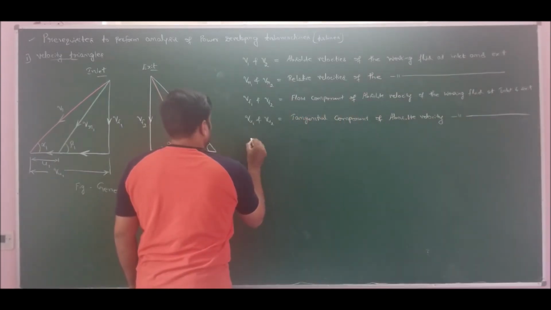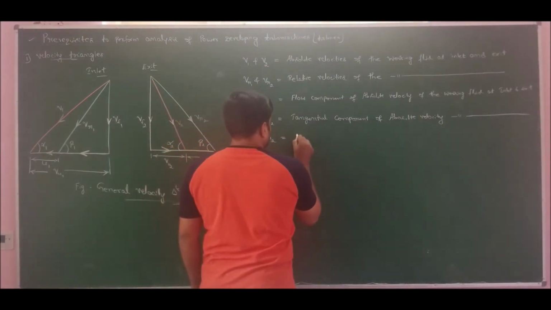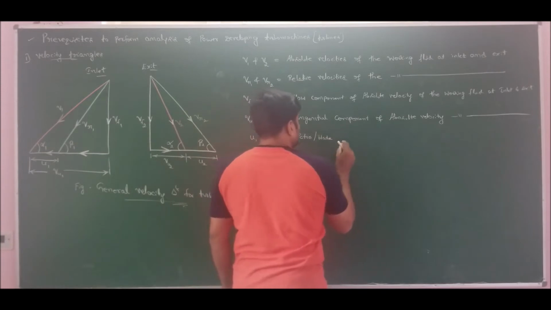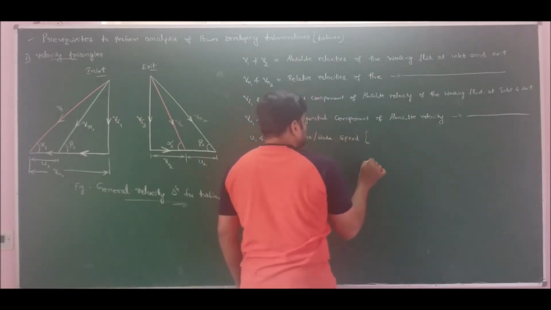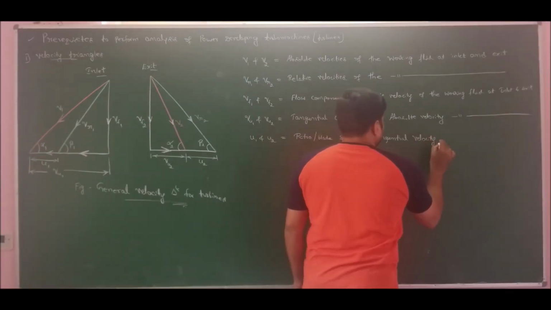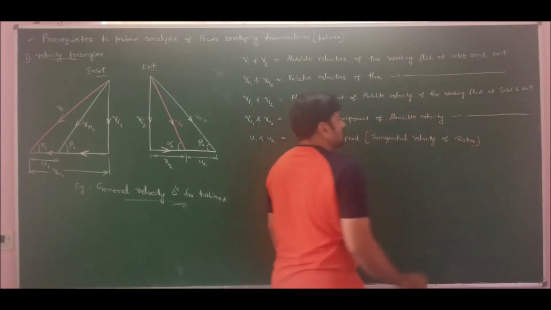Later we have U1 and U2, the rotor or blade speed, or tangential velocity of rotor.